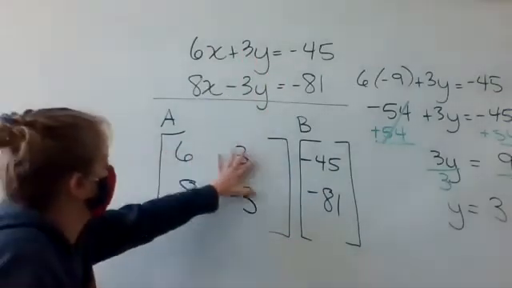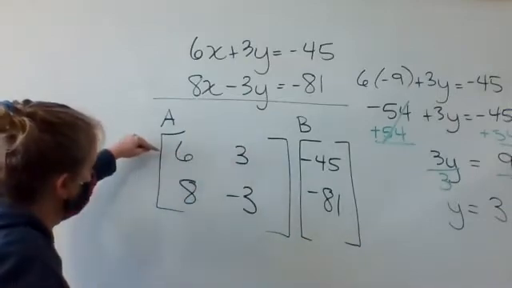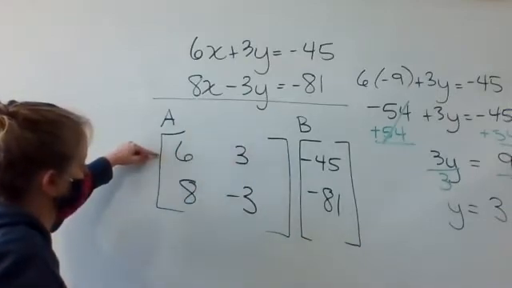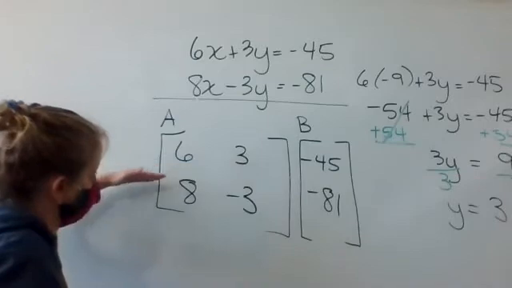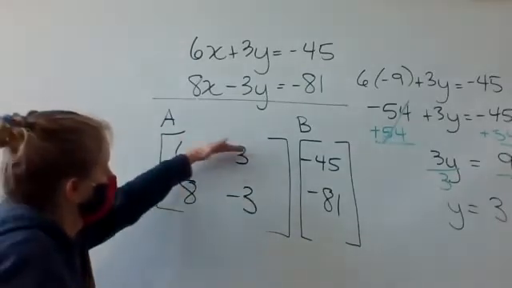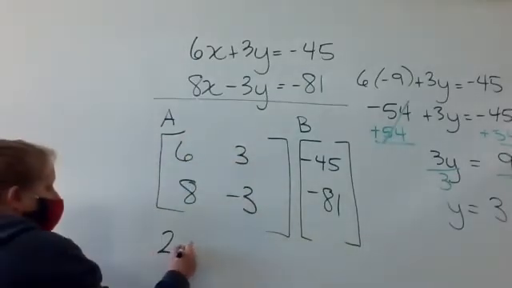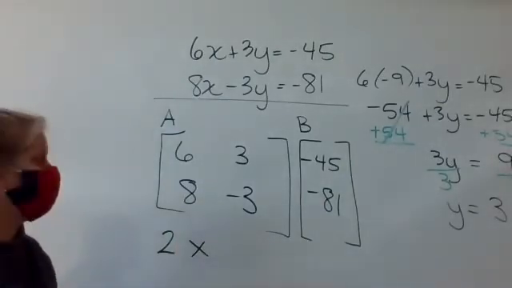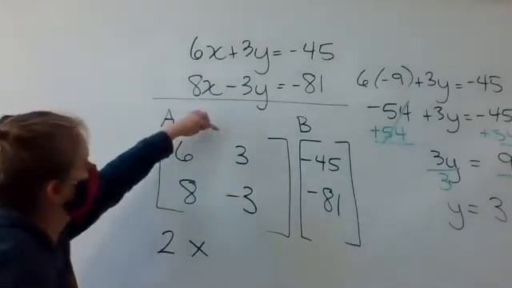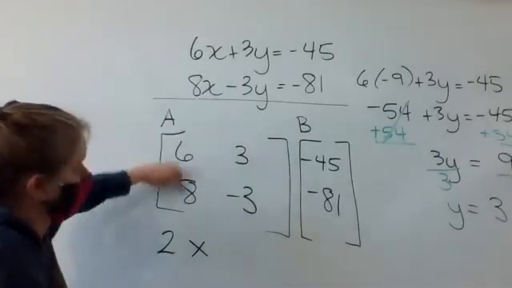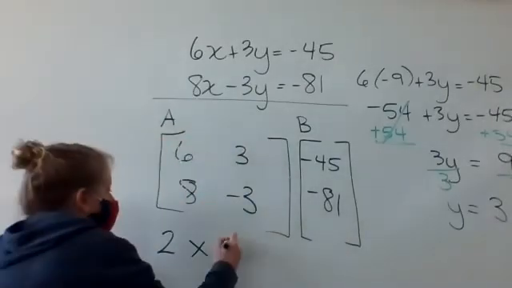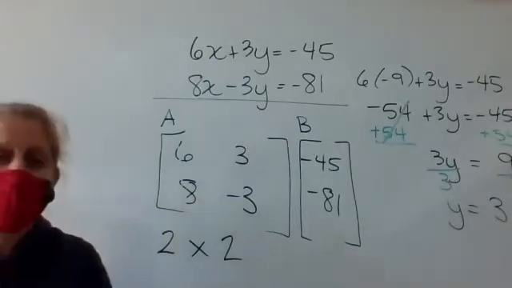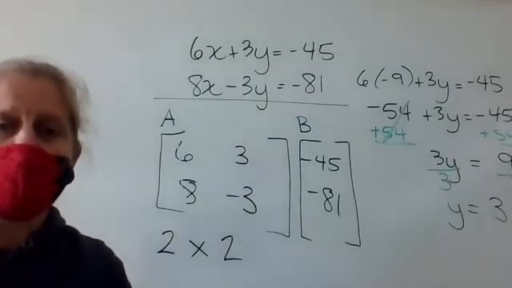So let's look at this matrix A. The first number of the dimension is how many rows, which is how many are going across, which in this case would be 2. The next number of the dimensions is how many columns, which in this case, again, since there are 2 columns, will be 2. So matrix A is going to be a 2 by 2.